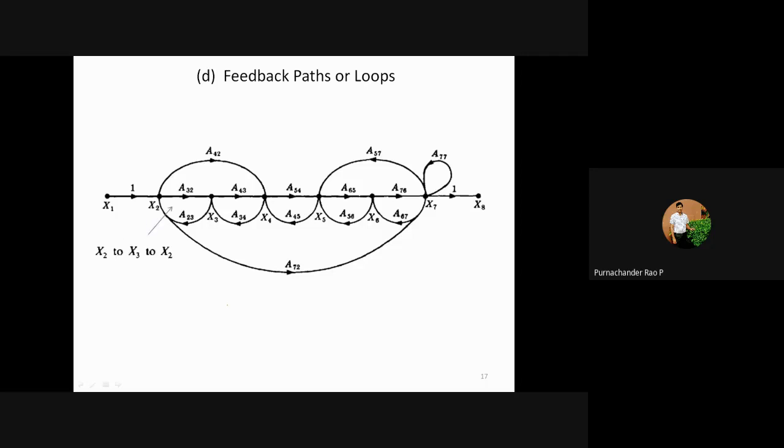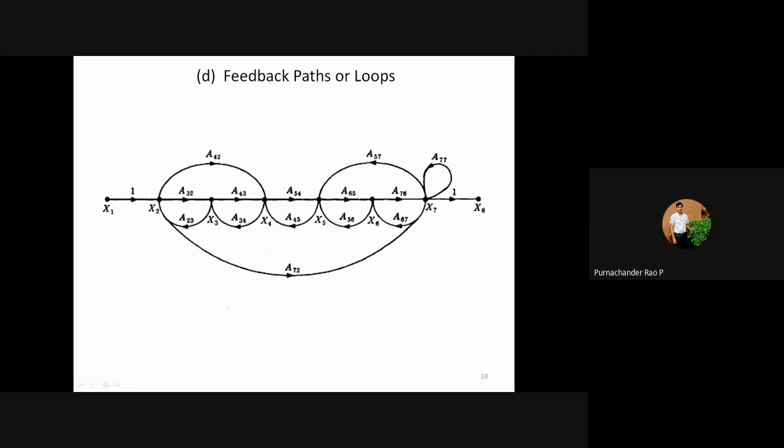So the first loop is here, then second, third, fourth, fifth, then a self loop, the next one. This is also a loop.